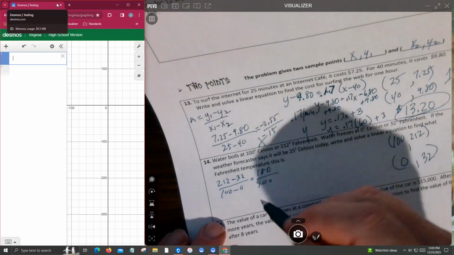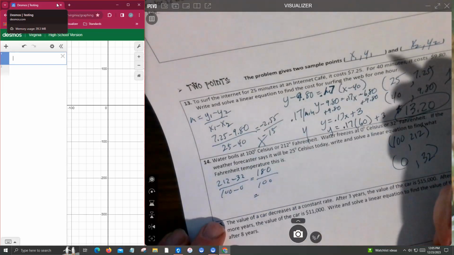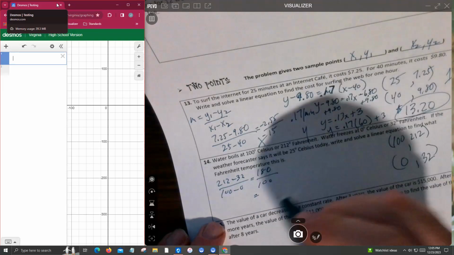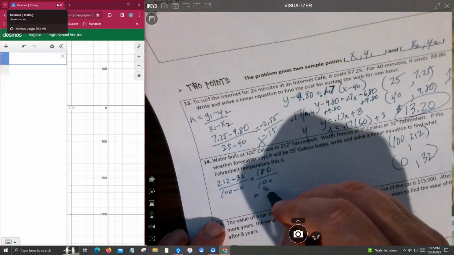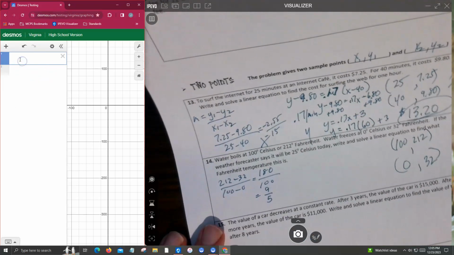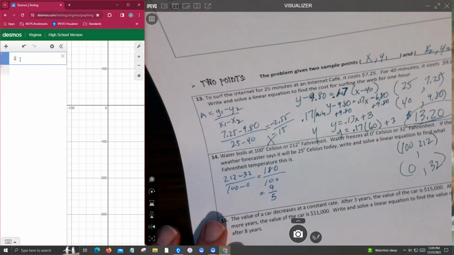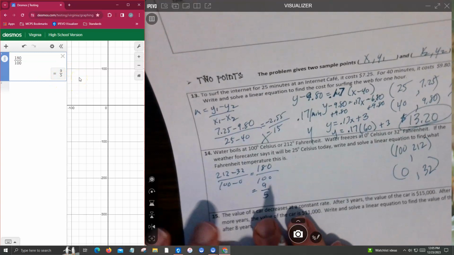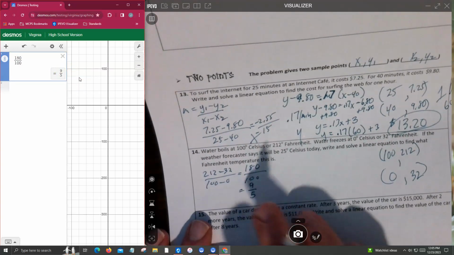Okay, so that's going to work out to be, let's see, 9/5. Okay, so I'm explaining to you how I got it. If you put 180 divided by 100 in the calculator and hit this little fraction button, it'll reduce it. Here's my 9/5. Okay, so 9/5, that's what I want to use.